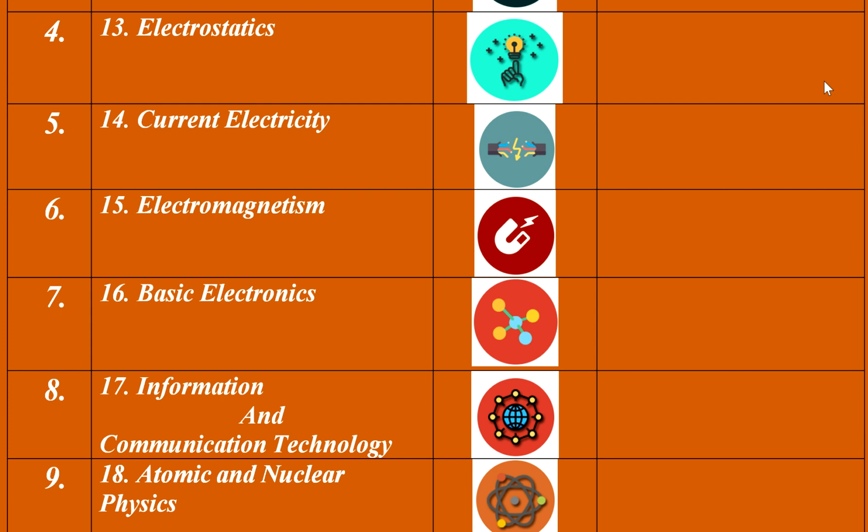The last unit is atomic and nuclear physics. Students are always very excited to understand this unit, because it involves the nuclear bomb, which has 2 types of reaction in it, that is nuclear fission and nuclear fusion reaction.